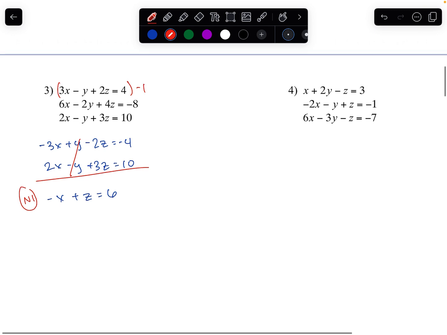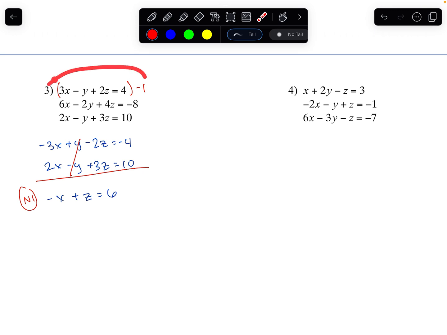Okay, so let's use this same equation that I did right here. Okay, so I multiplied this by, let's just start over from that. I'm going to multiply this by -2 instead.